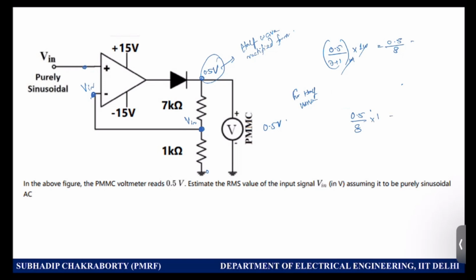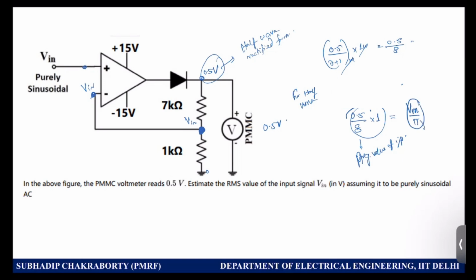It's nothing but the average value of this node. This is the average value of input, right? So what is input? V max by pi.